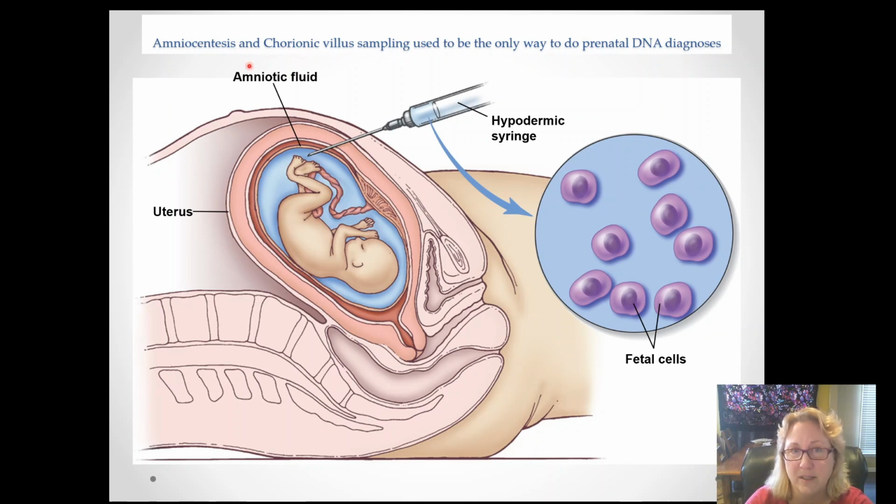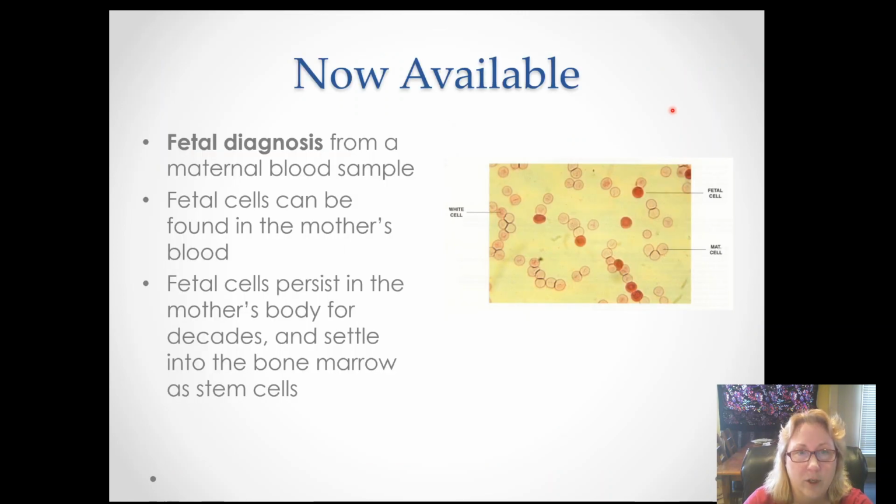Chorionic villus sampling is taking a little piece of the placenta through the cervix, and that can be done a little bit earlier. Neither one of these things is risk-free, however. Both of these are invasive procedures that can, in a low percentage of cases, trigger a miscarriage or an infection. But we don't have to do that anymore.